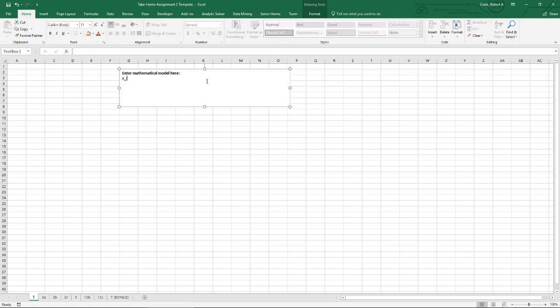So xi, where i is from 1 to 5, where xi means how many rolls are cut into pattern i. So x1 is how many rolls are cut into pattern 1, x2 how many rolls are cut into pattern 2, and so forth.